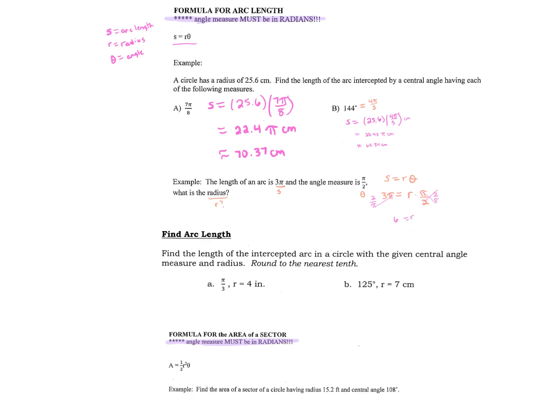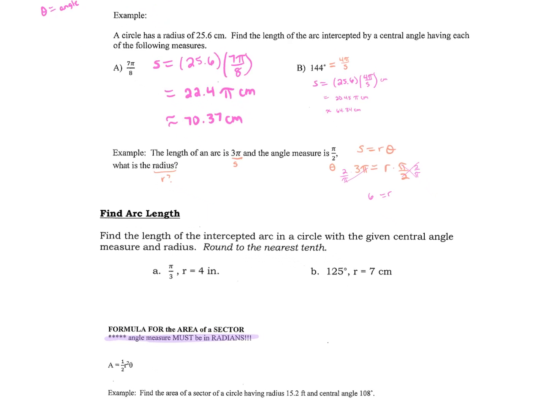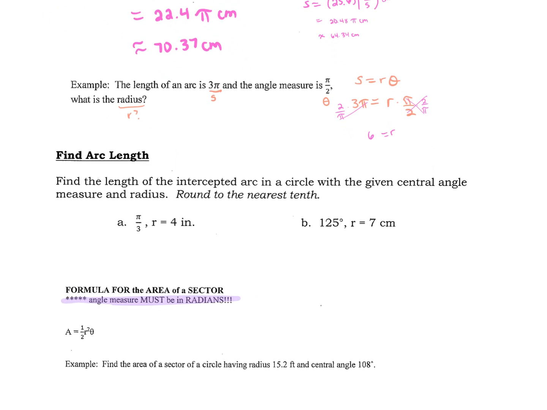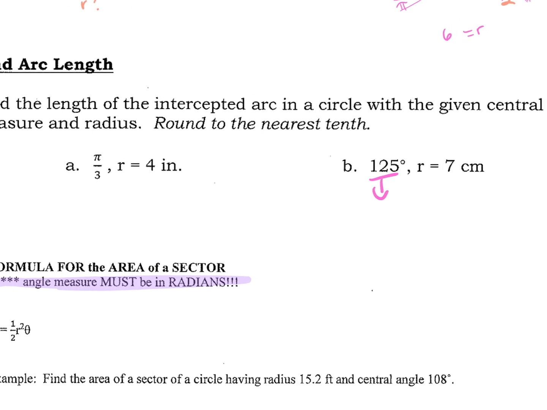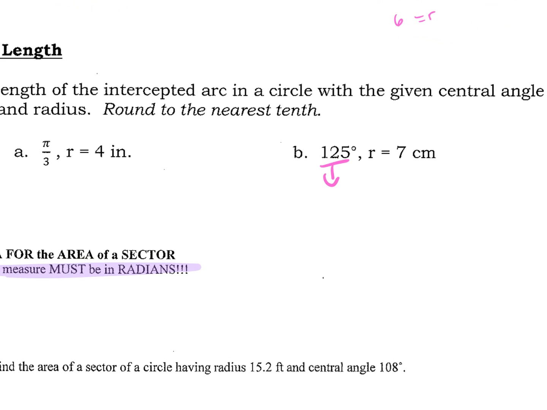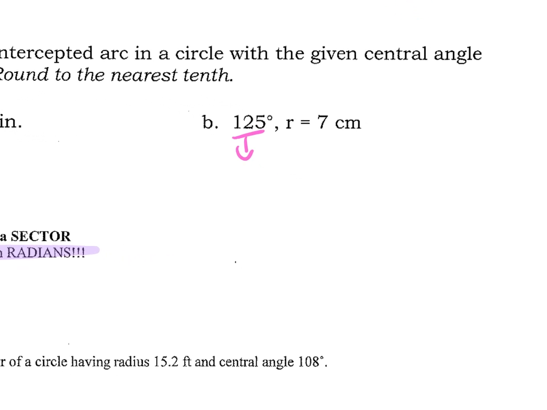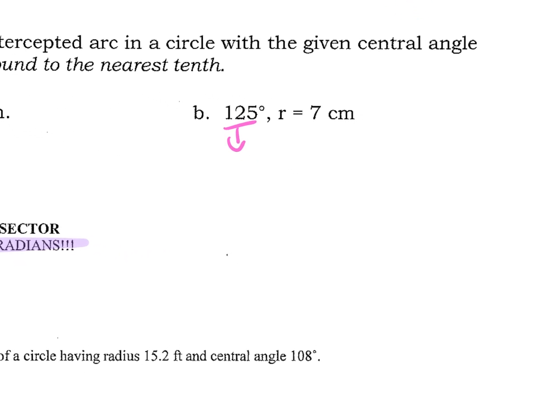Okay. For arc length, again, if you notice, we're not going to solve these two, but just a reminder, how do we deal with this, right? If you need to or want to do some more practice, you can, but you're going to get practice with some of the other stuff. On this one, the main concern would be remembering to switch that.